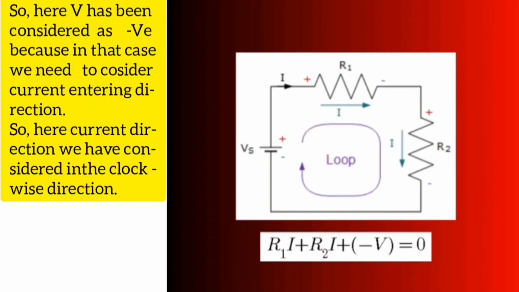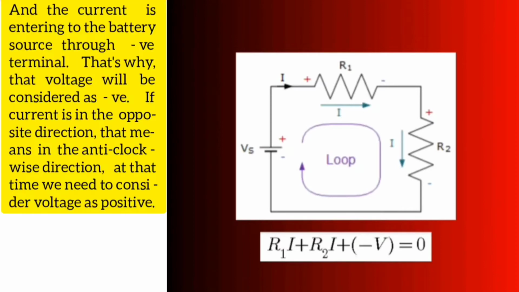Here V has been considered as negative because in that case we need to consider the current entering direction. Here the current direction we have considered is clockwise, and the current is entering the battery source through the negative terminal.